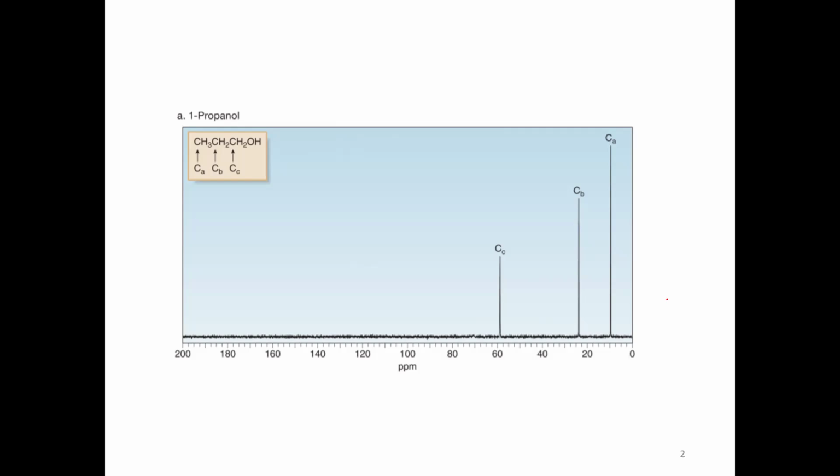So if you count 7 carbons and you see 7 carbons in the carbon 13, that's it. There is no symmetry. In propanol, for instance, the carbons are all different, each one affected by the environment of the next carbon. It means you have three carbons in the formula, you must get 3 carbons in the spectrum.